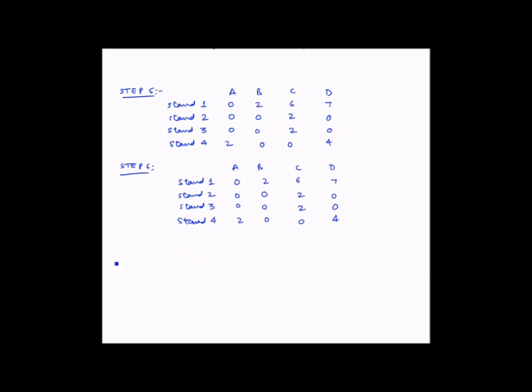So now let's go row wise first to see if we have any row with 4 or more zeros. So we don't have any row with 4 or more. Let's see column wise. We don't have any columns with 4 or more zeros.